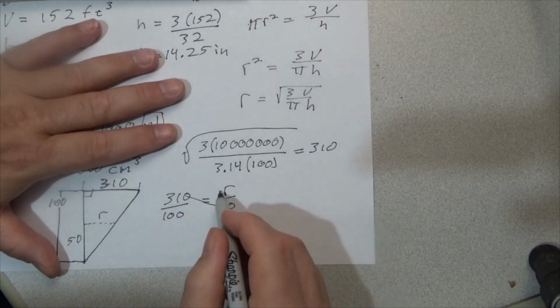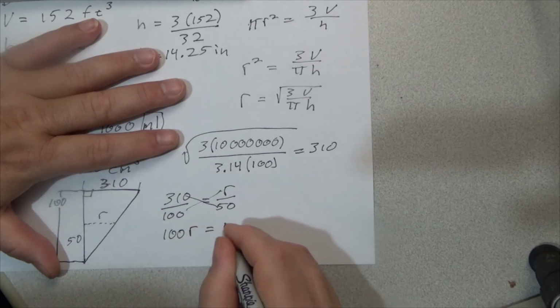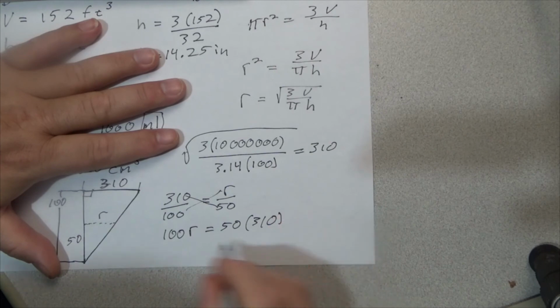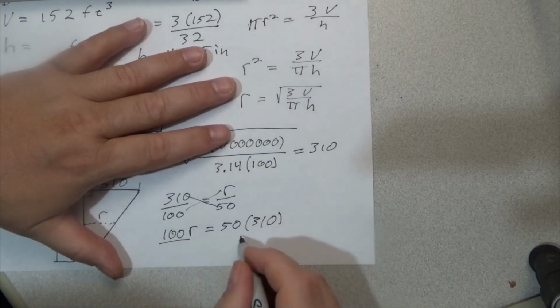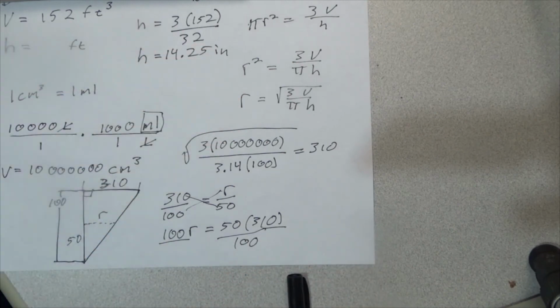So I cross multiply, and I get 100 times r is equal to 50 times 310. Divide that by 100. So I just put that in my calculator.